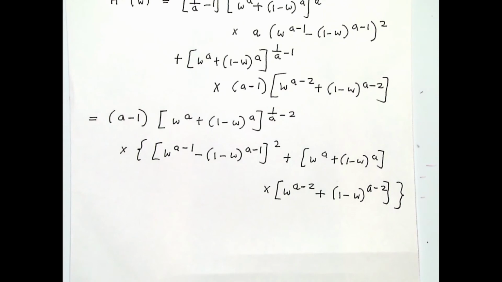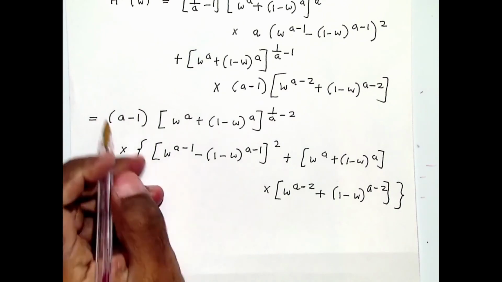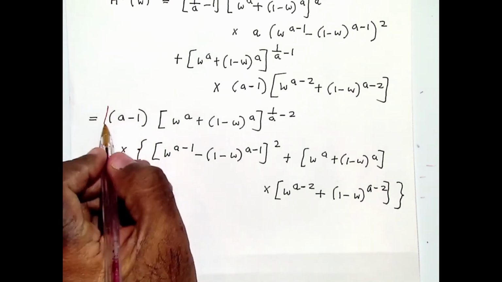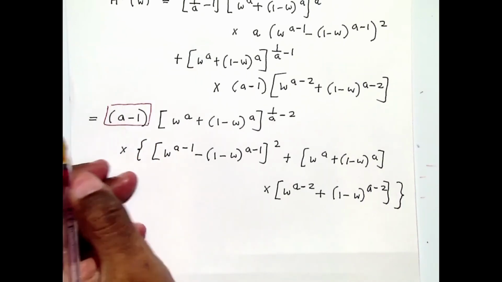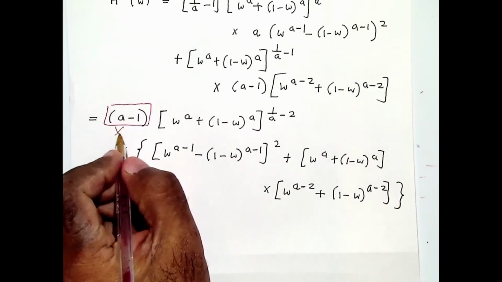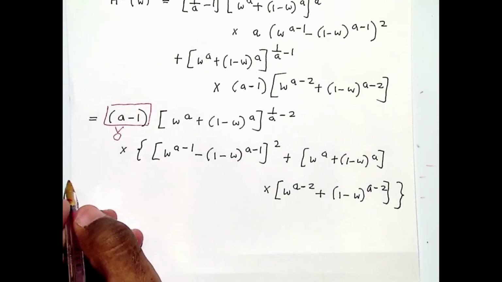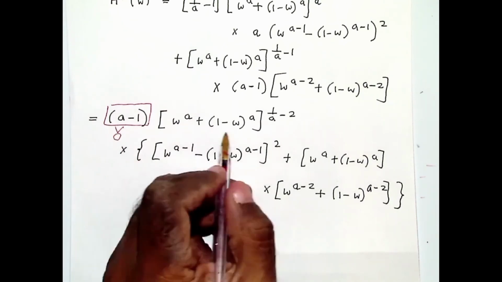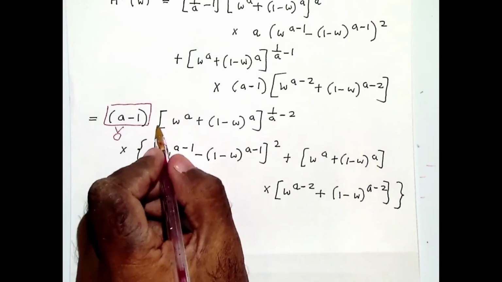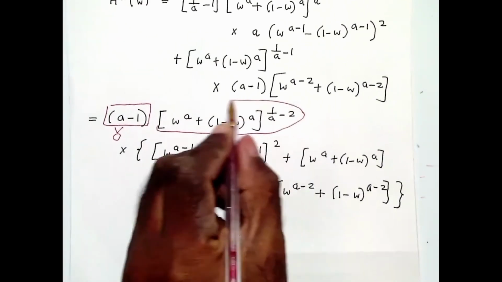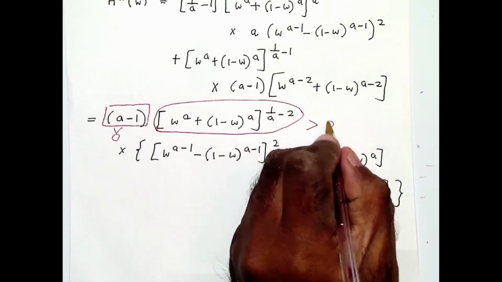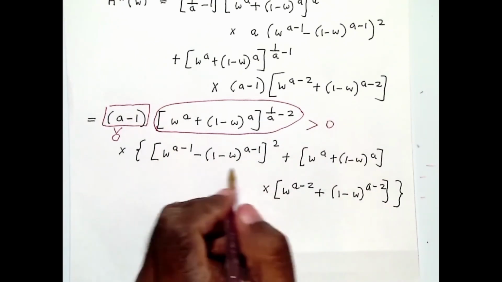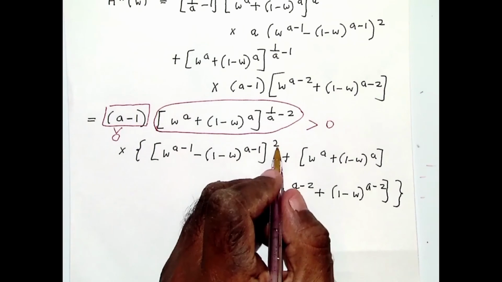Now this is actually positive because this guy here, we are assuming that a is a number greater than 1, as I said before. So this has to be greater than 0. And W is a number between 0 and 1, so this has to be greater than 0. And what you have here is to the power 2.